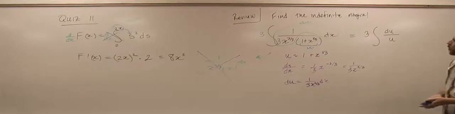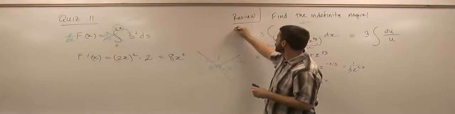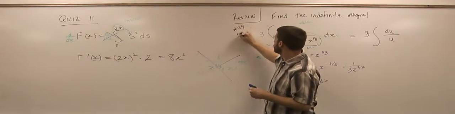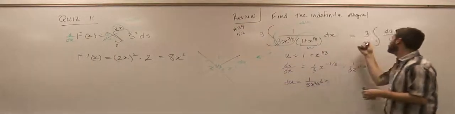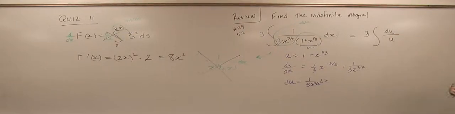And actually the main point of section 5.2 was to be able to integrate du over u, or 1 over u. What's the integral of this?